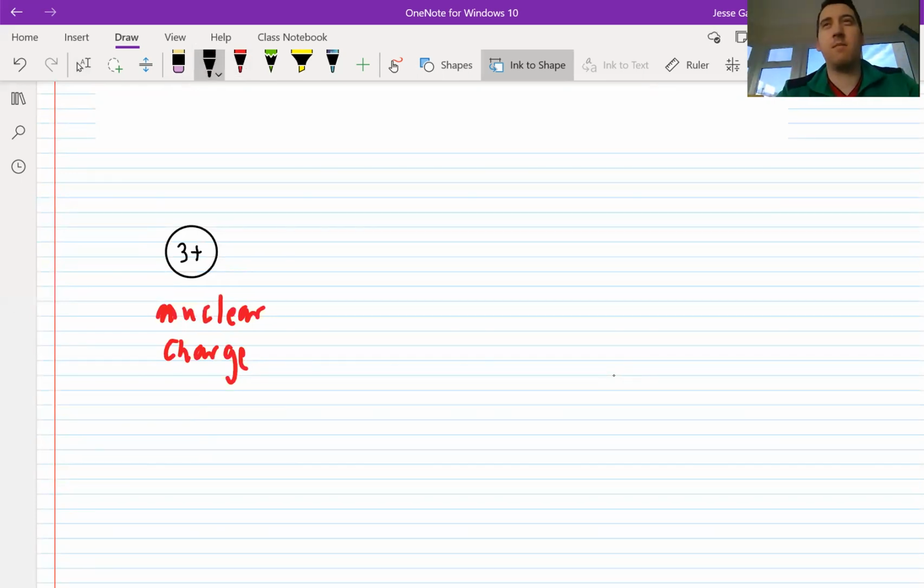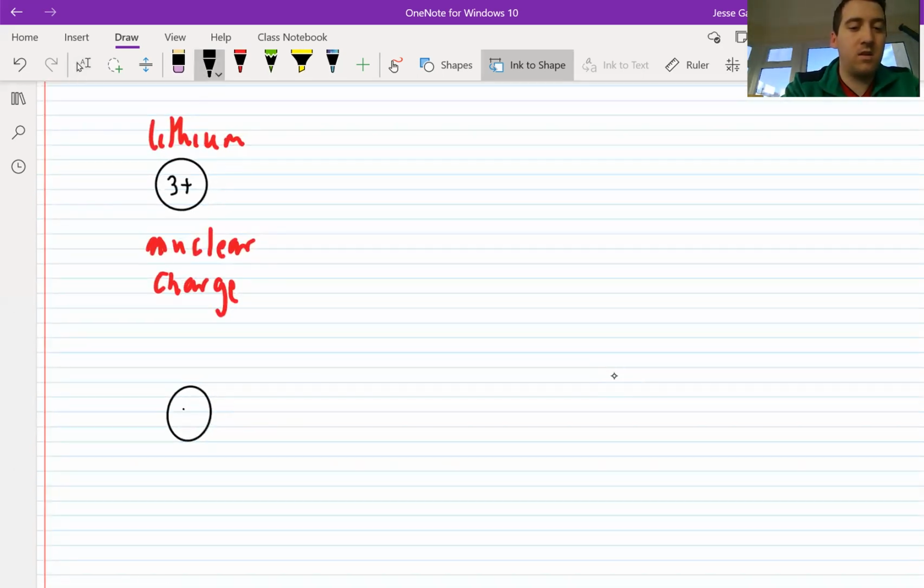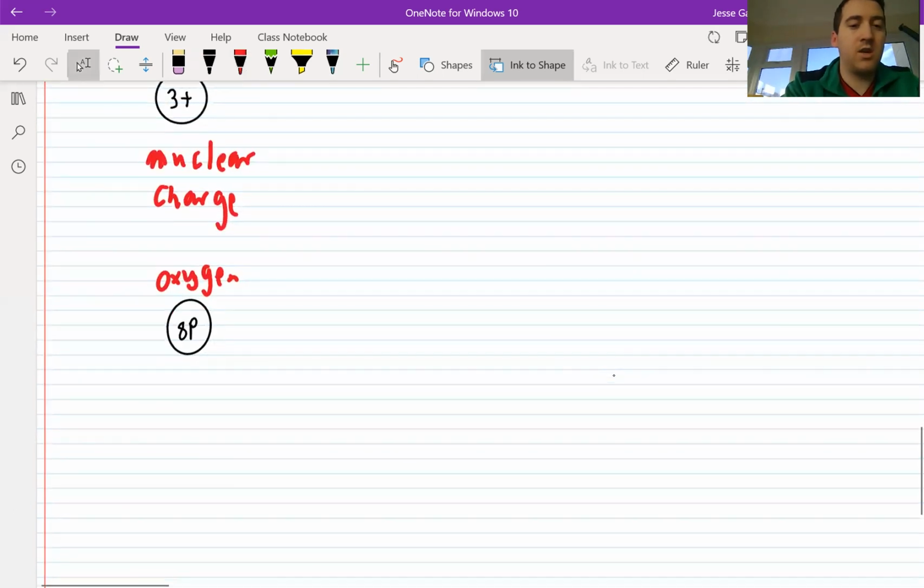Let's say, for example, we take oxygen. This is lithium. And consider now for oxygen. Oxygen atom has 8 protons. This is oxygen. We say oxygen has a nuclear charge of 8.